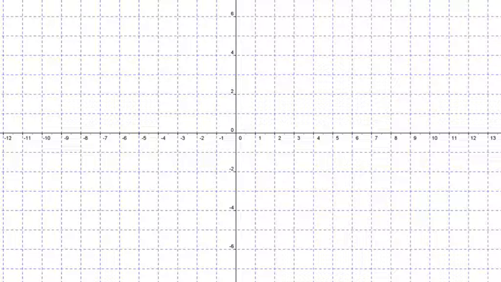So, your whole younger days in elementary, we were always seeing graphs like this, right? We were just seeing that part.